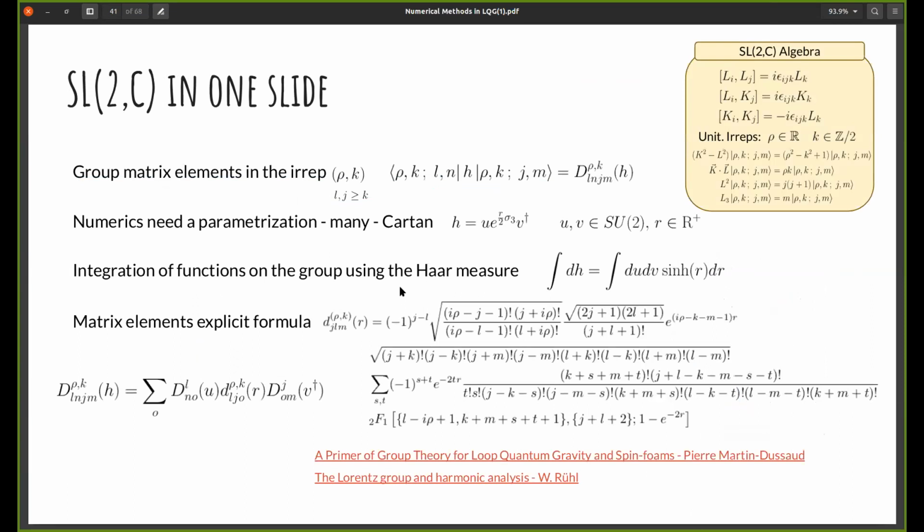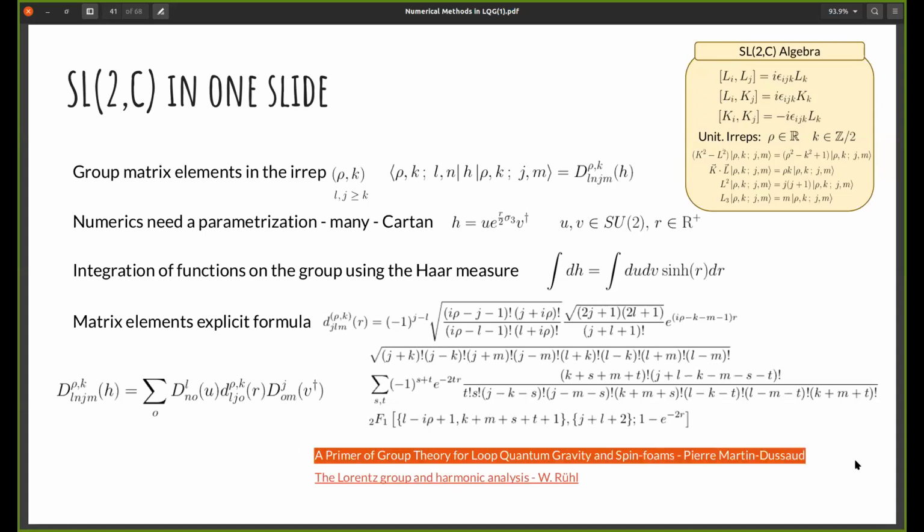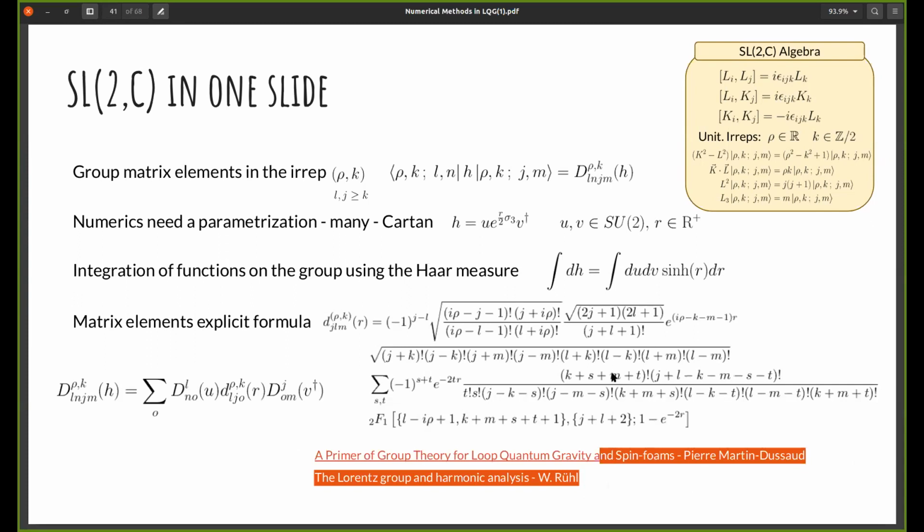Okay, to be able to write the vertex amplitude, I need a little bit of representation theory of SL(2,C). Here, there's way more than what we will need. It's mainly just for reference, if you want to understand more. The 2 places to learn these things are, once again, Pierre's review, which is very, very good, and the original book by Rühl, which I think is quite understandable.